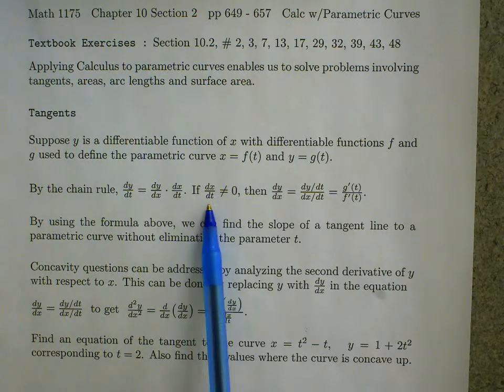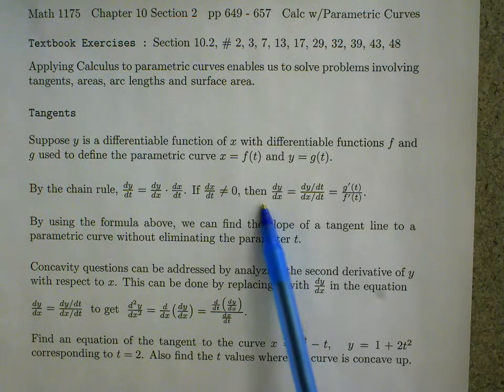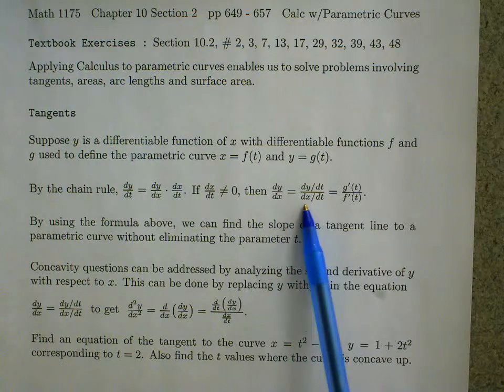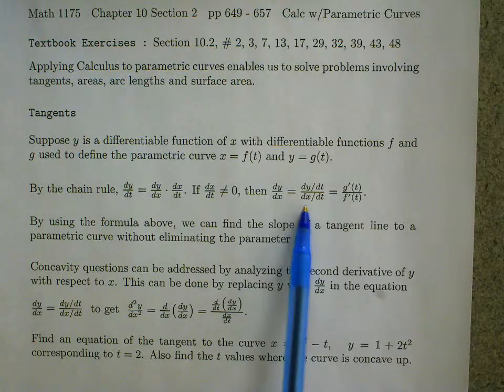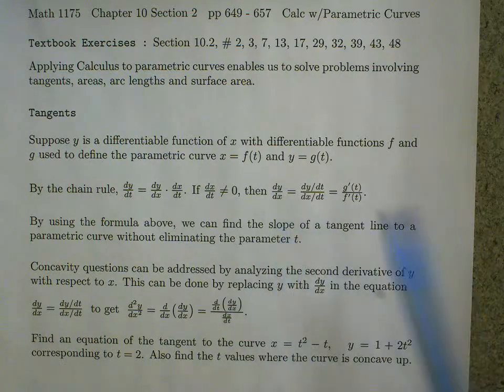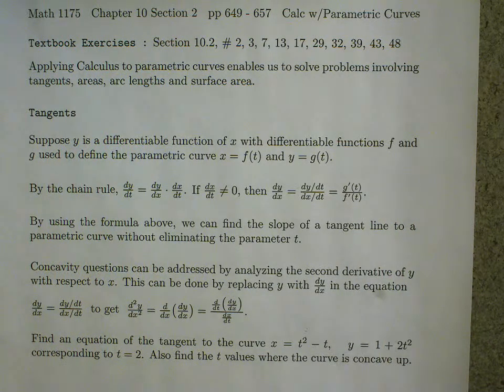And if the derivative of x with respect to t is not equal to 0, then the derivative of y with respect to x is the derivative of y with respect to t divided by the derivative of x with respect to t, or g prime of t divided by f prime of t.